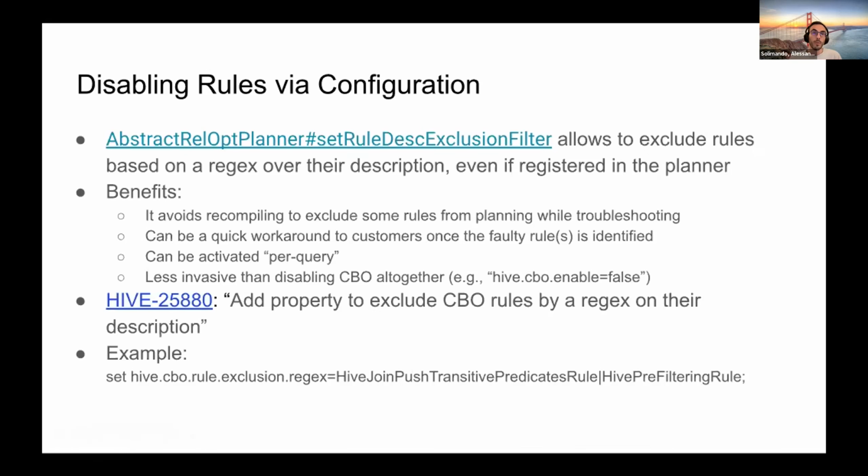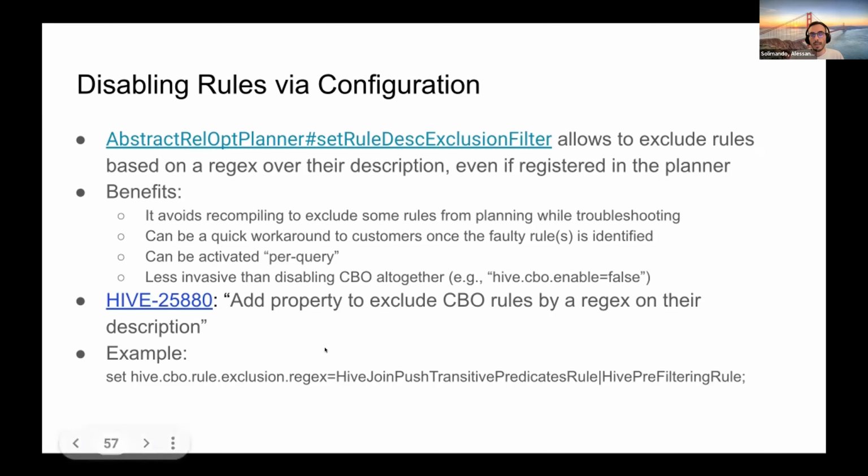It can also be a quick workaround for customers. So when you have identified which rule or which rules are faulty for a given query, you can just kill them with a property that can be activated per query. So it doesn't have to be a global parameter. And it's definitely less invasive than disabling cost-based optimization altogether.